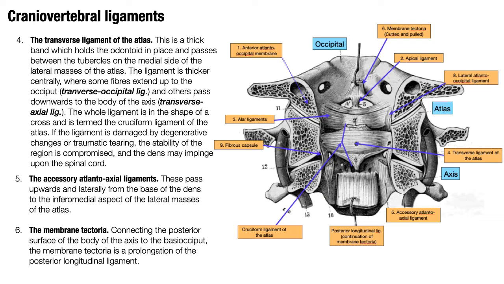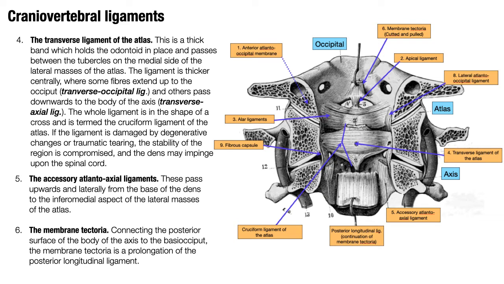Because it draws a cross, with fibers going up and fibers going down, it is sometimes known as the cruciform ligament. If this ligament is damaged in any way, the dens may move backwards and impinge the spinal cord, which is not good at all.